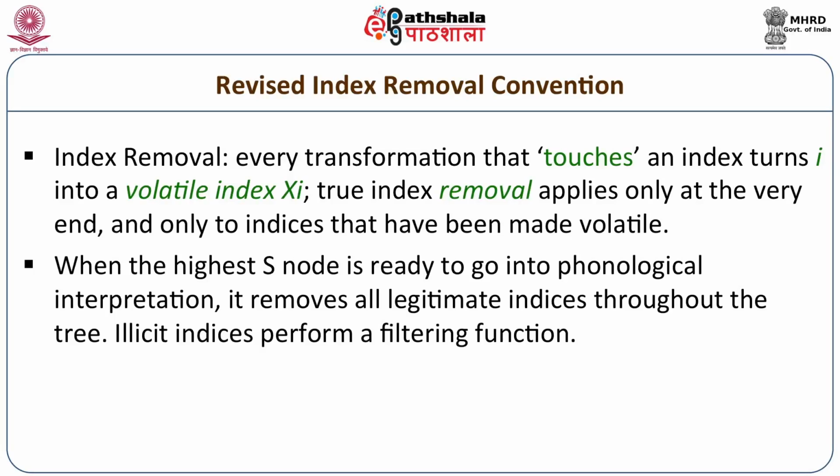The advantage of this method is that you are able to exclude the derivations that you wanted to exclude, like Ram shaved himself without the ox monitoring the whole thing. And at the same time, the index doesn't get removed prematurely in the cases where the index is required again on a higher cycle.